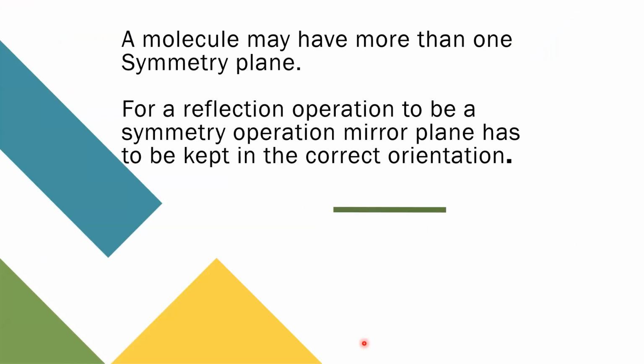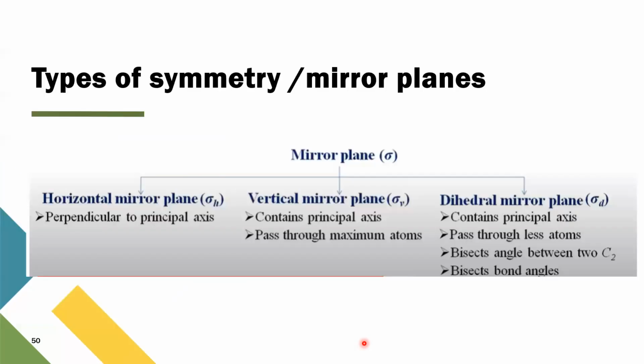A molecule can have more than one symmetry plane, like in the earlier case of rotation, where there can be several rotation axes. And for a reflection operation to be a symmetry operation, the mirror plane has to be kept in the correct orientation. We call the symmetry plane a mirror plane; it's easy to visualize a mirror.